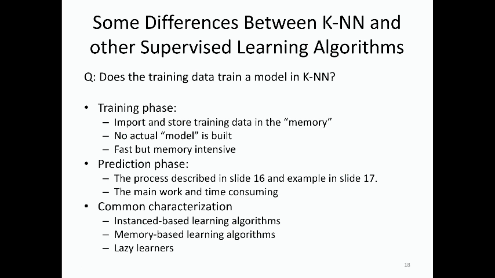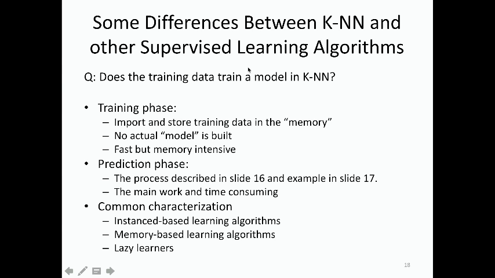Okay. One of the reasons I feel it is very valuable for the class to know KNN, besides that similarity has been a foundation for many other tasks, and KNN is one of the most popular methods that uses similarity, is that it also has some very unique characteristics compared to other supervised learning algorithms we have learned: decision tree, naive Bayesian, other black box methods, as well as regression.